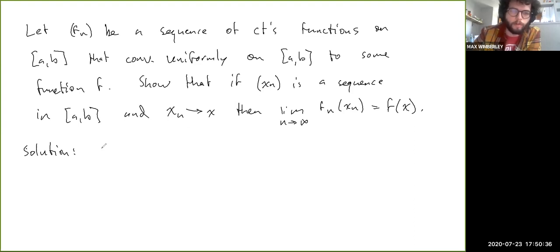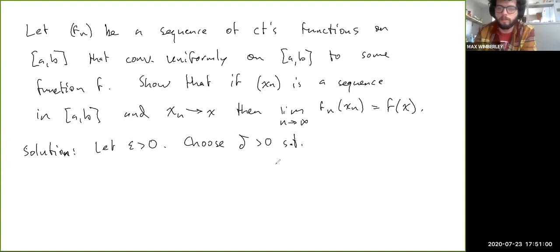So hold on. For one thing, we shouldn't be saying we're setting delta equal to xn minus x. It's more like we want to choose delta, right? So we'll let epsilon be greater than 0. Choose a delta such that, and then what? What's our criterion for delta?